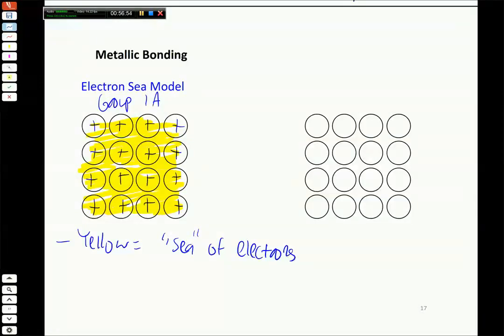And then if we go to the second group of the periodic table, group 2A, which would be magnesium, calcium, and so on, those, as we know, have two valence electrons, so they're going to have two loosely held electrons, and you can think of their bonding then as being a series of 2+ cations.